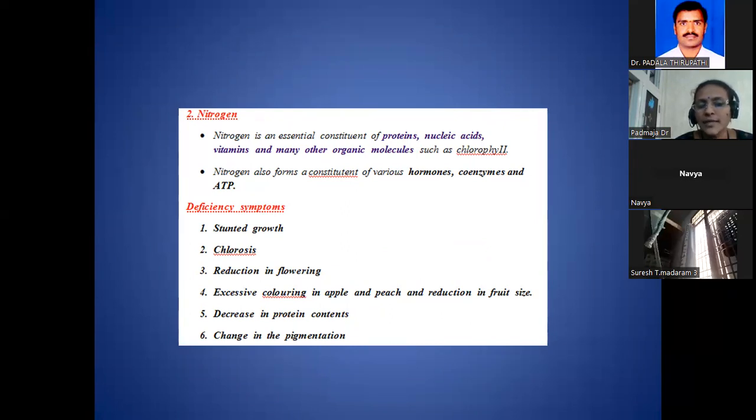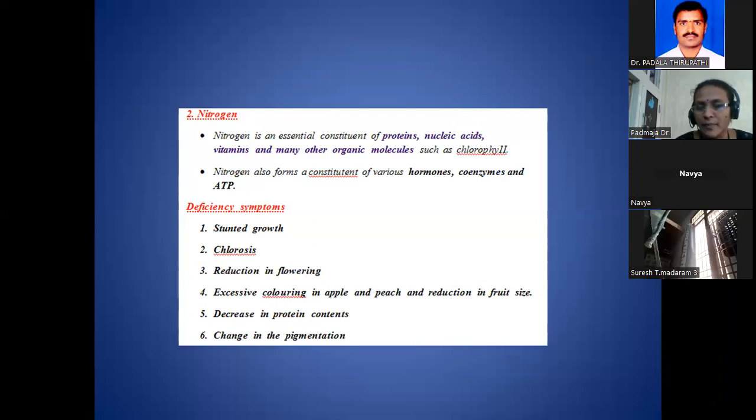So nitrogen is an essential constituent of proteins, nucleic acids, RNA and DNA, vitamins, and many other organic molecules like ATP. You already know that during photophosphorylation, the combination of ADP plus inorganic phosphate helps in ATP formation.